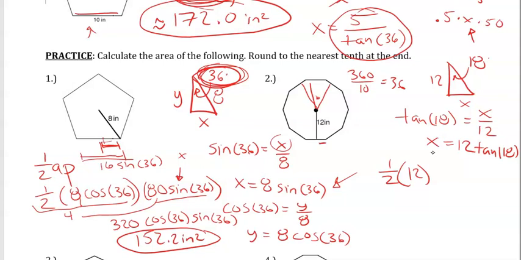So what is the whole entire side? 24 tangents of 18. And now what is the whole perimeter since there are 10 sides? 240 tangents of 18.